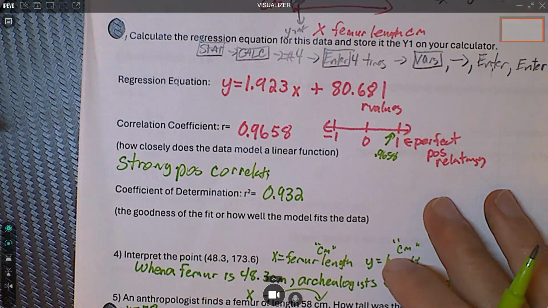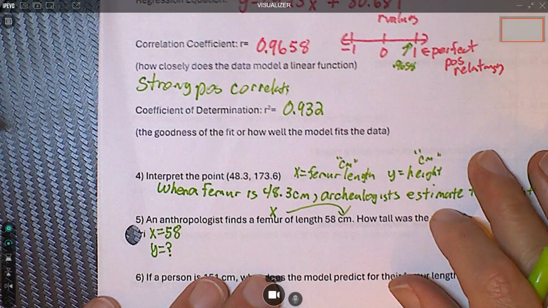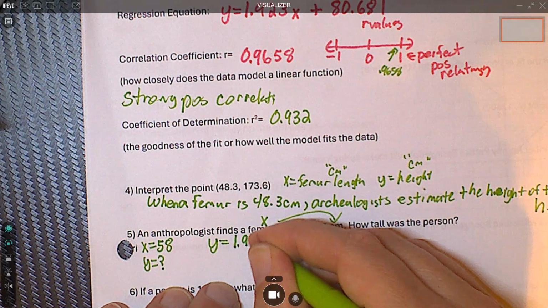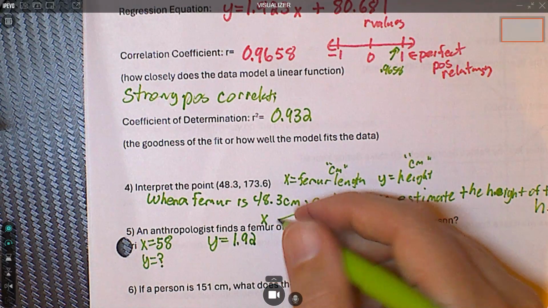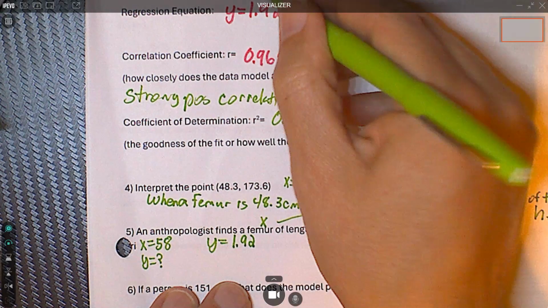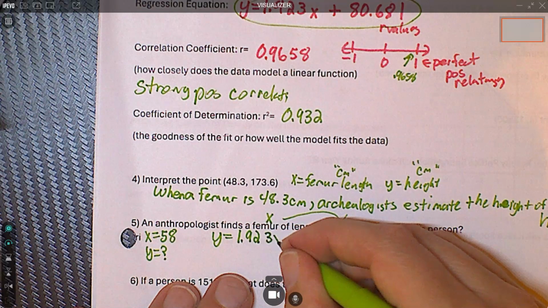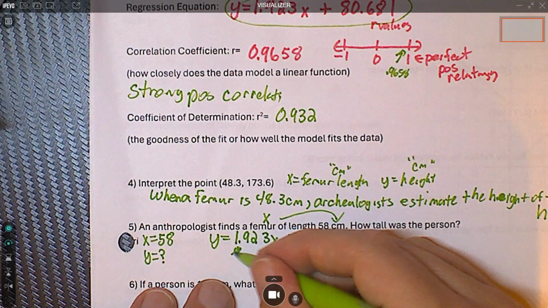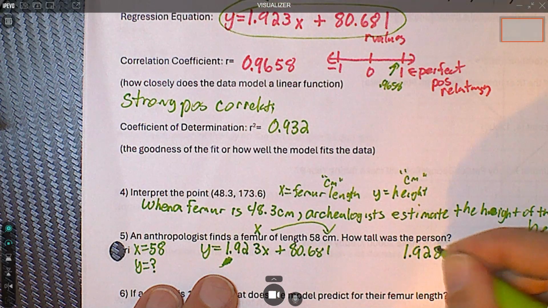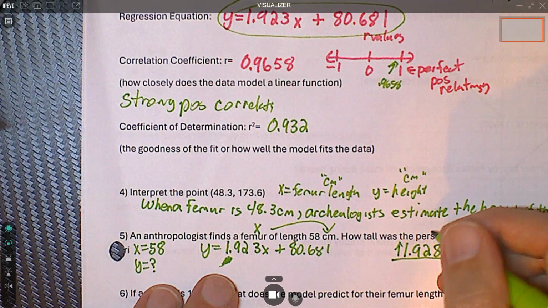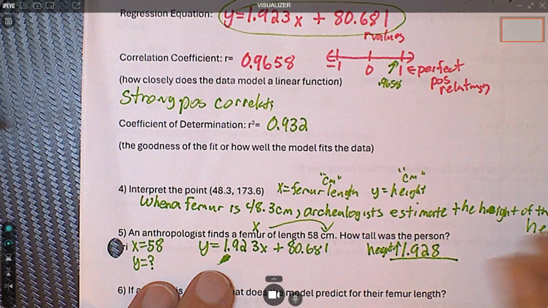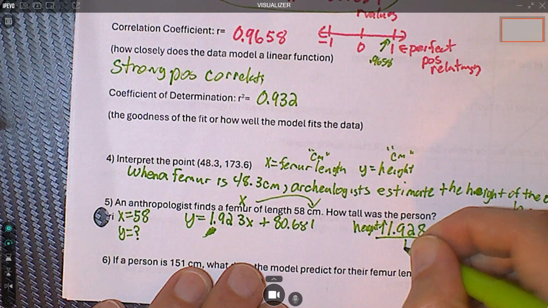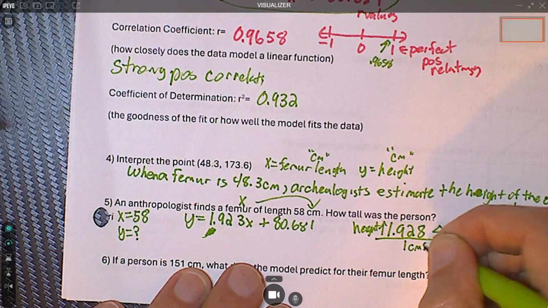So if that's how much it's growing for every 1 centimeter of femur length, okay, we gotta so the height of the person increases by 1.923 for every 1 centimeter femur length.